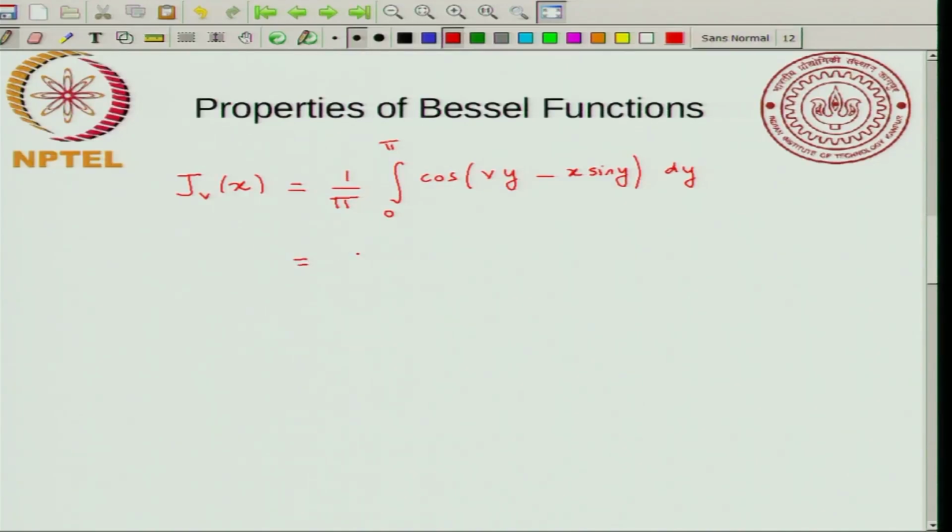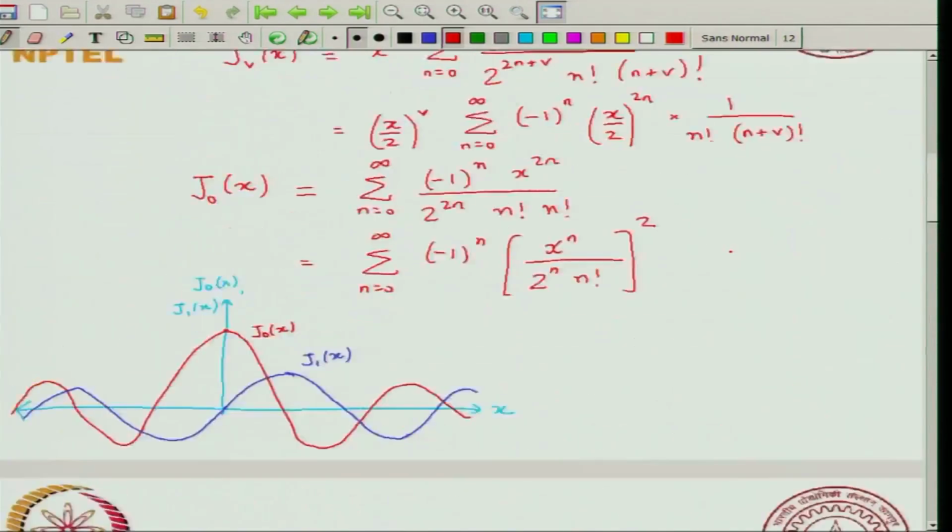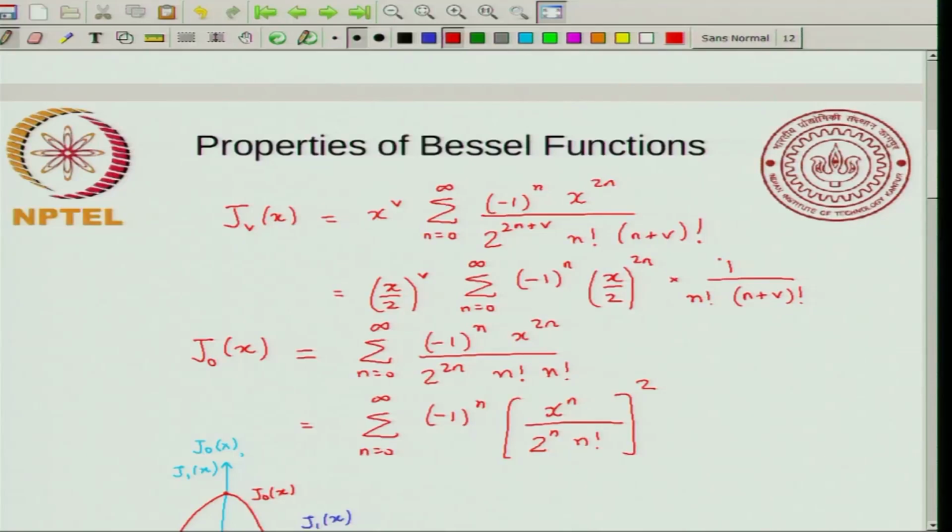Alternatively, you can write it in a slightly different way, 1 over 2 pi, integral from minus pi to pi. This cosine can be expressed in terms of exponentials, and you can show that this is equal to e to the i (v y minus x sine y) dy. So I can write this in this form. Showing that this integral gives you the same as this series is a bit of an exercise.